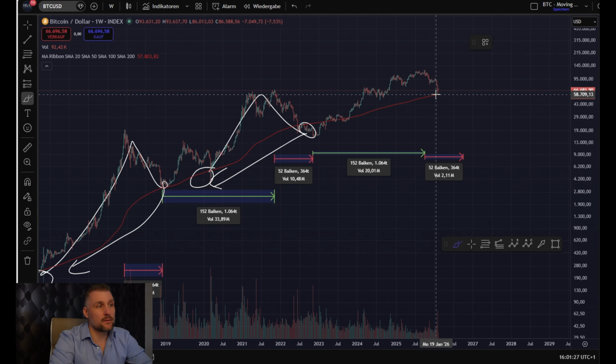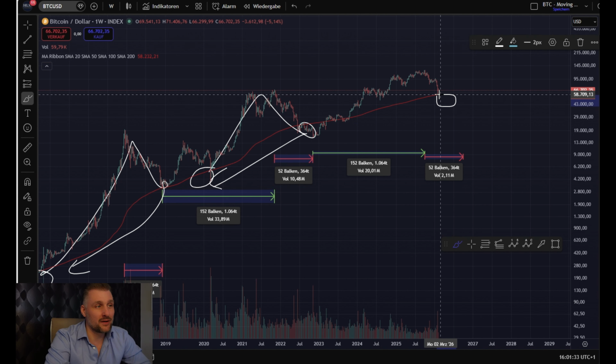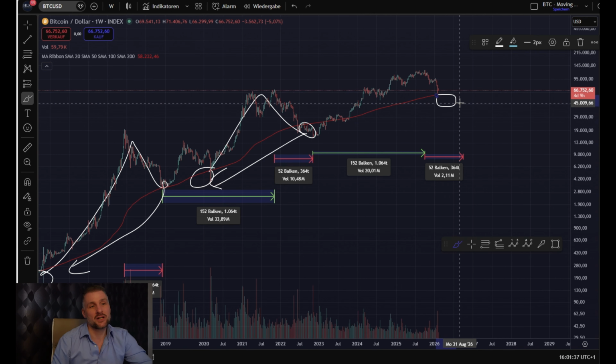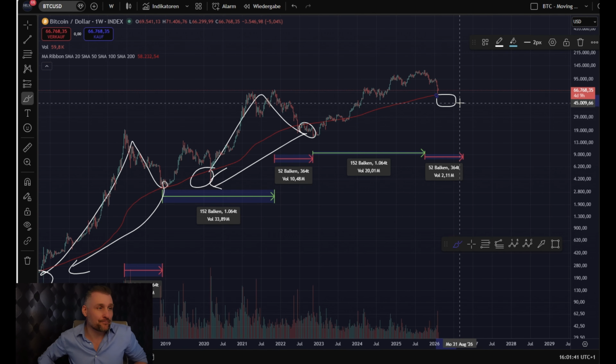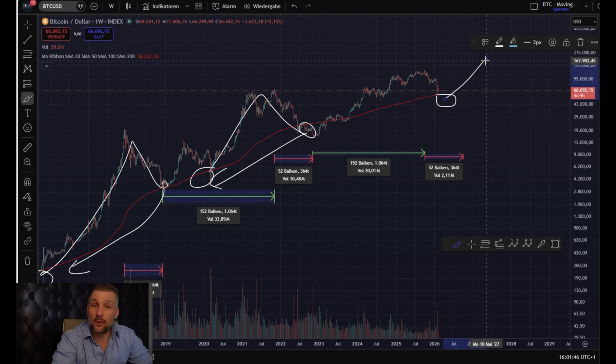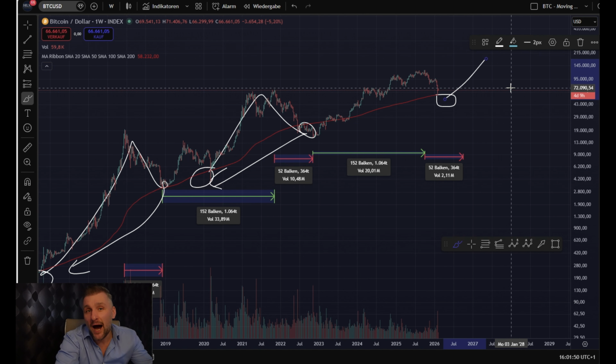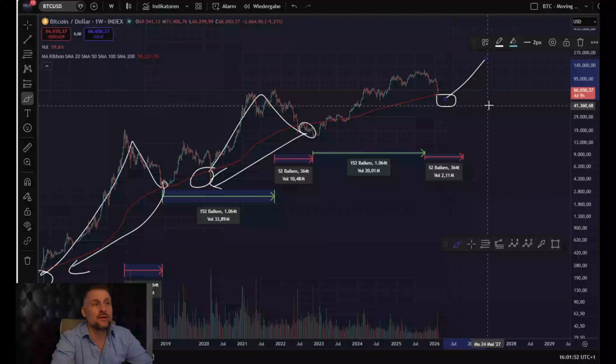And if history repeats again, when Bitcoin enters this zone below the 200-week moving average, Bitcoin will not stay for a long time below that level and will shoot up again and will probably never come back to this level. Or the chances are pretty high that we never come back to this level.